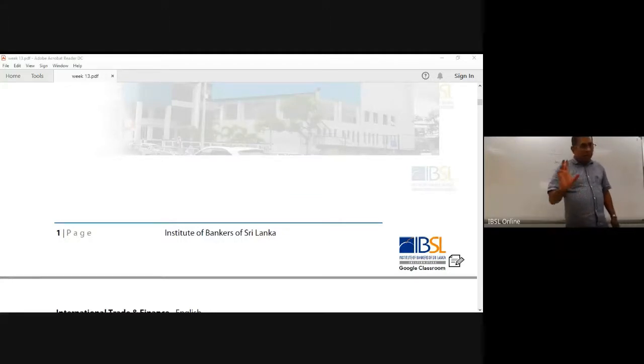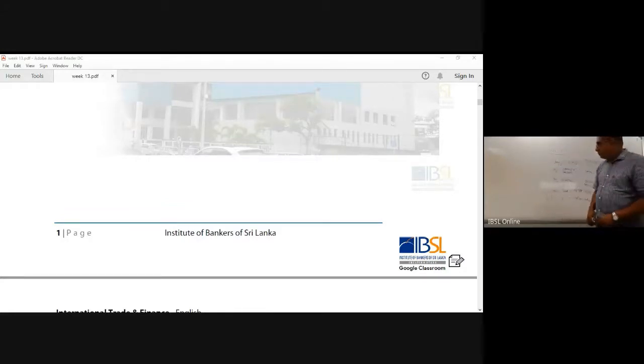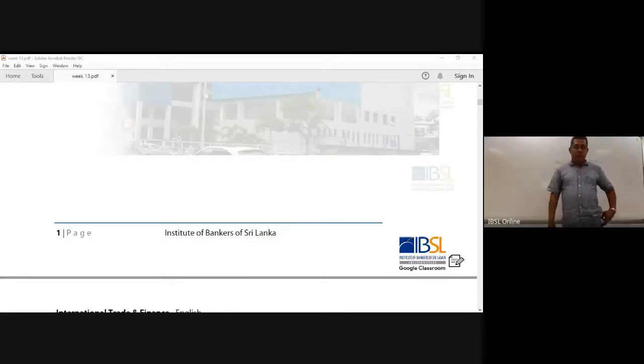Now that's a practical scenario that I'm incorporating into the article. The issuing bank will get to know only when they receive the set of documents.